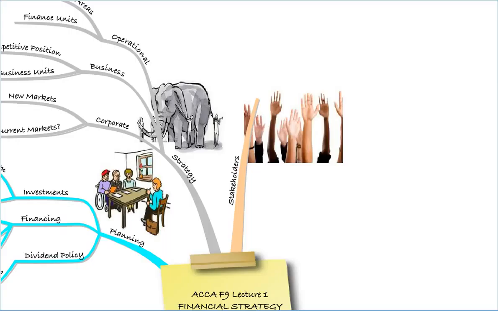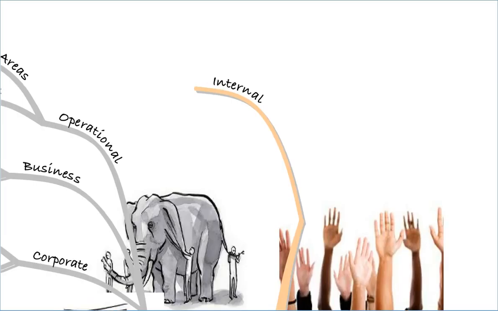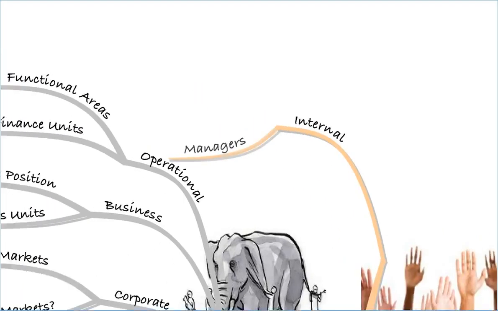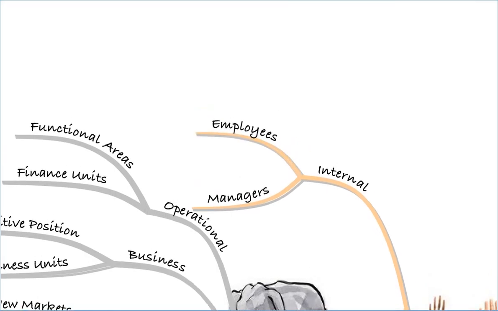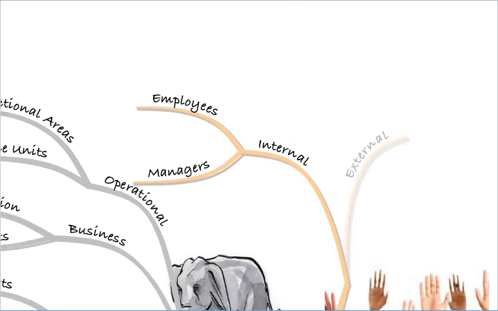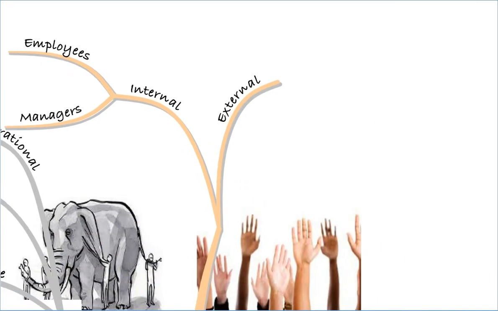What are our stakeholders? Well, we said that stakeholders are anyone who has a legitimate interest in the business. It has to be a legitimate interest. We broke them down into internal stakeholders, who we said were managers, employees, those types of people, and also external stakeholders.